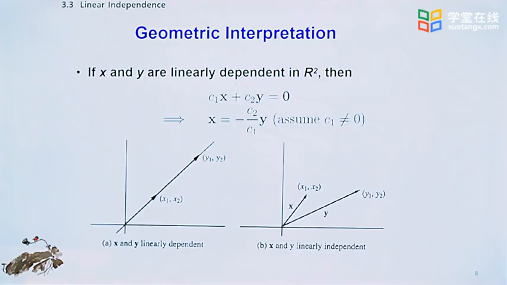Now we see some geometrical interpretation of linearly dependent and linearly independent. If x and y are linearly dependent in R2, then we consider c1x plus c2y equals 0. We must have such a relation. For example, x can be written as a multiple of another vector y, if we assume c1 does not equal 0. From this figure, you can see that the vector x and the vector y are collinear.